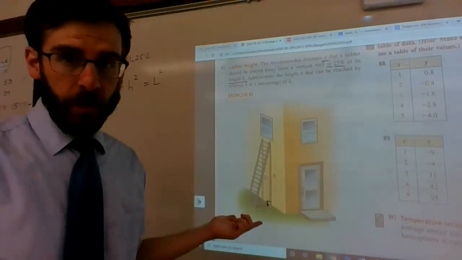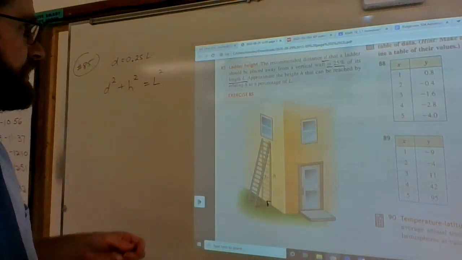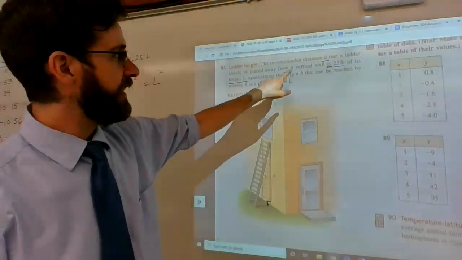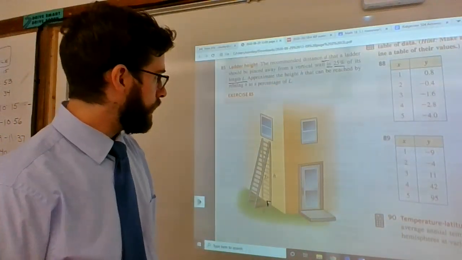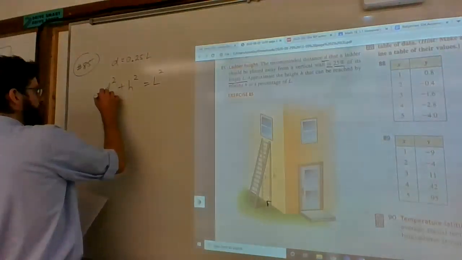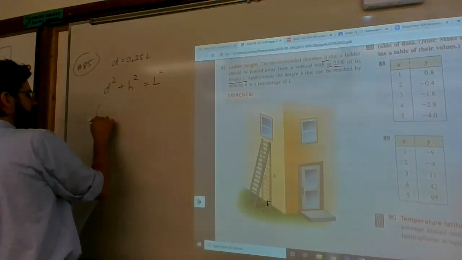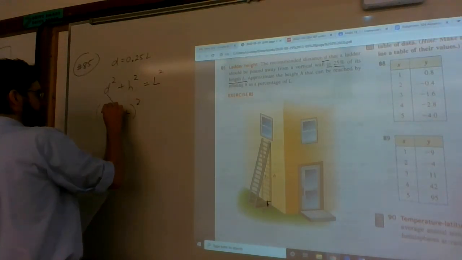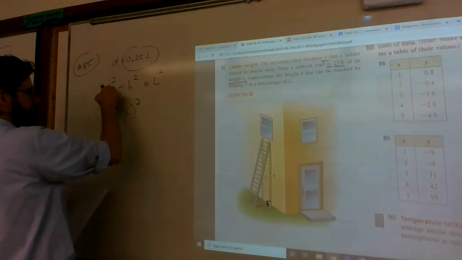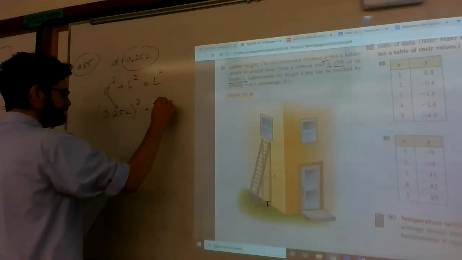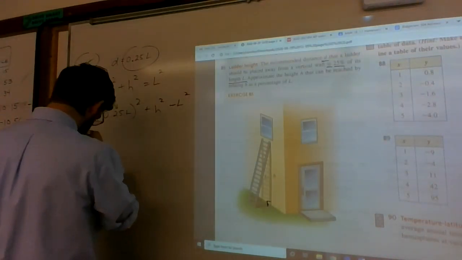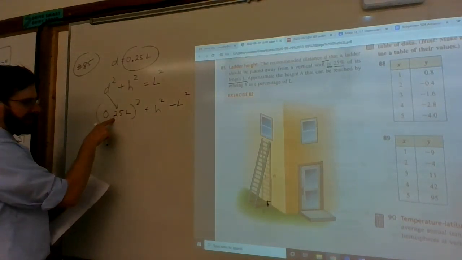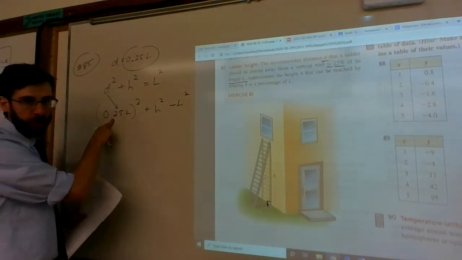The reason why that is helpful is because we need to approximate the height as a percentage of L. So you can replace the D with the 0.25 L, plugging it in for D. Again, 0.25 is the same as 1/4.